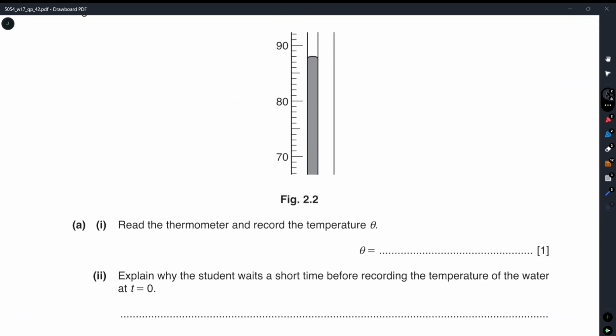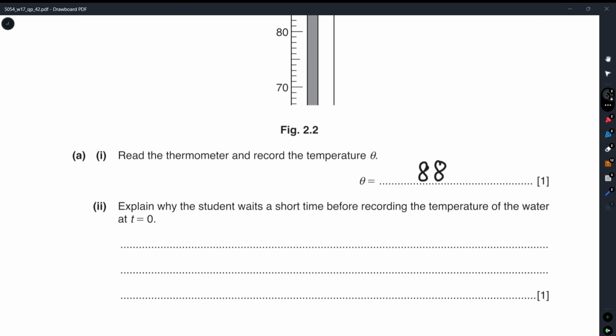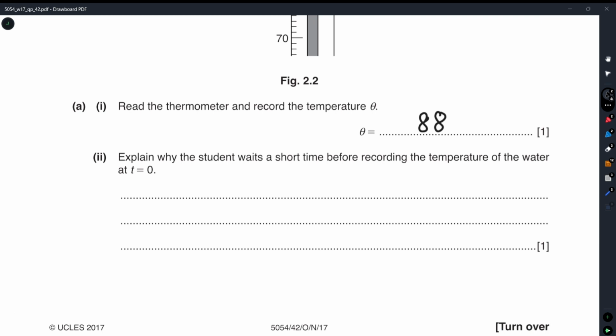Read the thermometer reading. So it should be 88. Okay. Explain why a student waits for a short time. Again, we did this question a couple of times before. Of course, your thermometer is going to take some time to get to the temperature of whatever it's measuring.